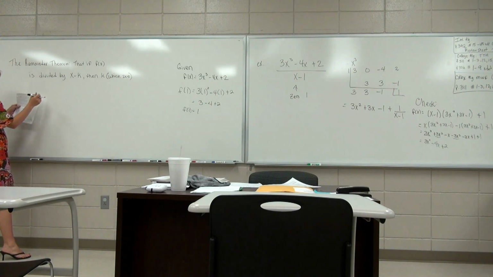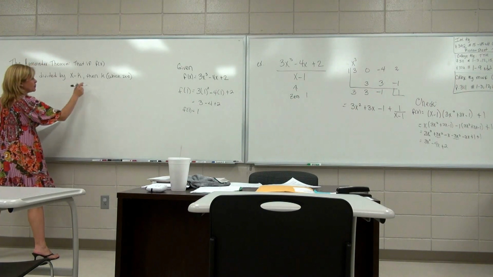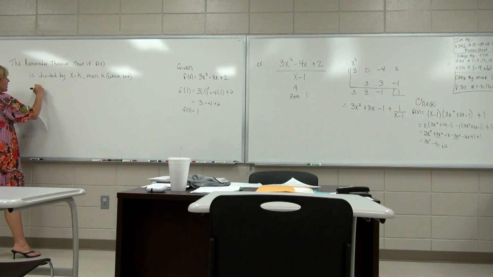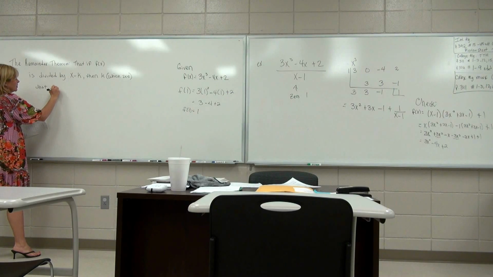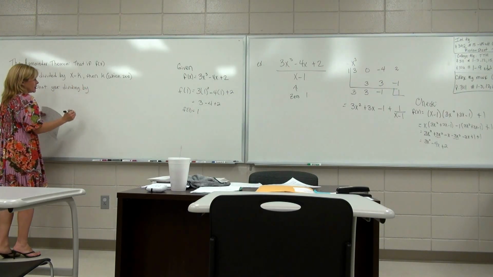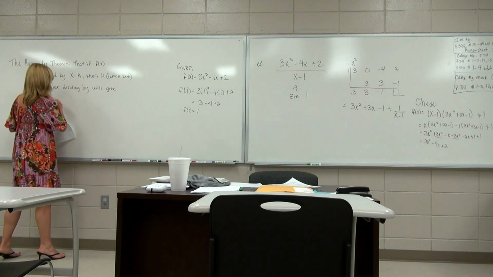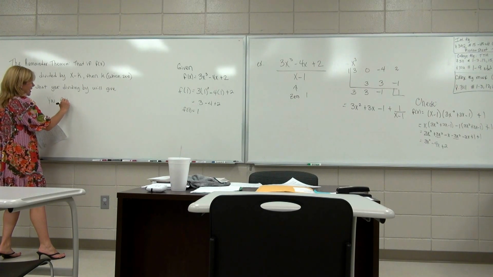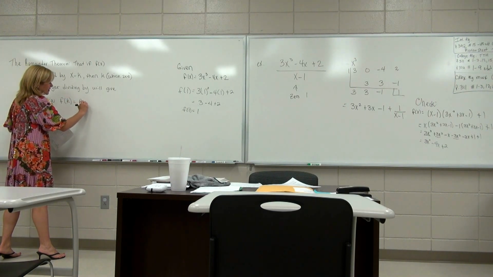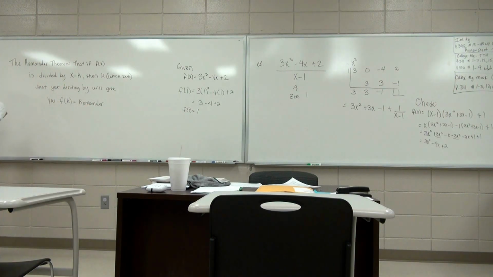Then k, which is a 0 that you're dividing by, will give you f of k, which is equal to the remainder. If f of x is divided by x minus k, then the remainder is equal to f of k.